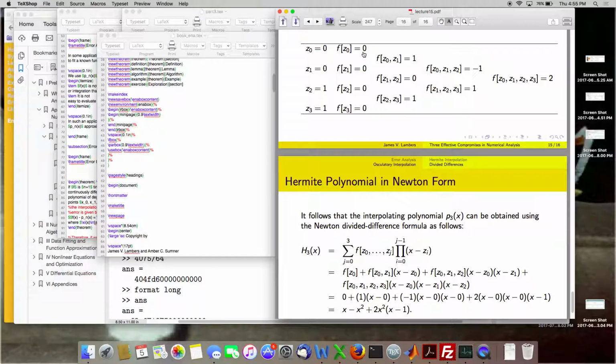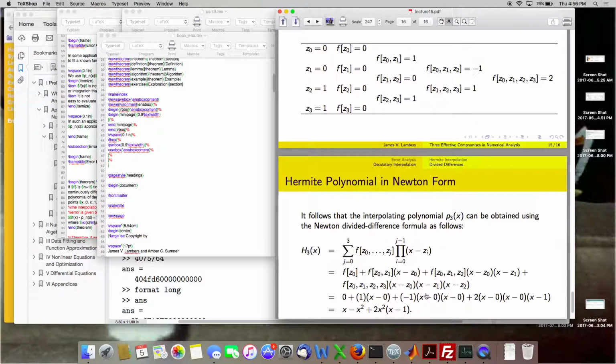Fine. Okay, now, so my coefficients, 0, 1, minus 1, and 2, right off the top row. So I have 0 by itself, and then I have the next value, 1, times x minus 0, because 0 is my first interpolation point. And then I move to the next, and I go minus 1, and then I have my first 2 interpolation points, 0 and 0.